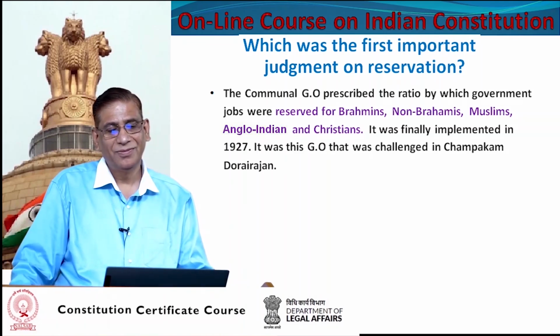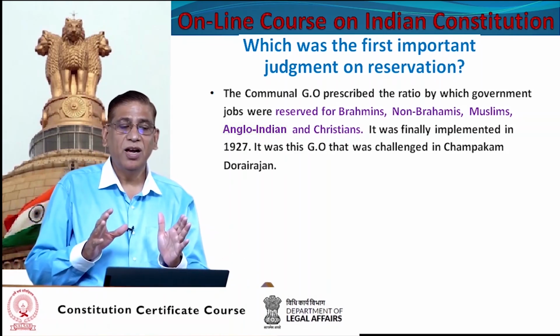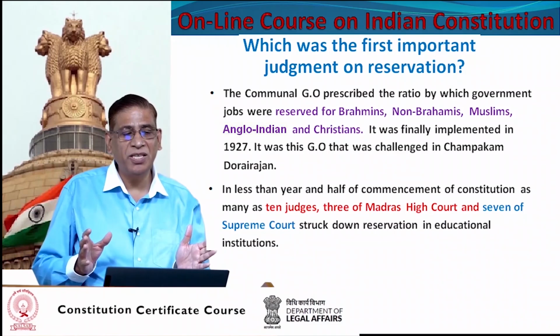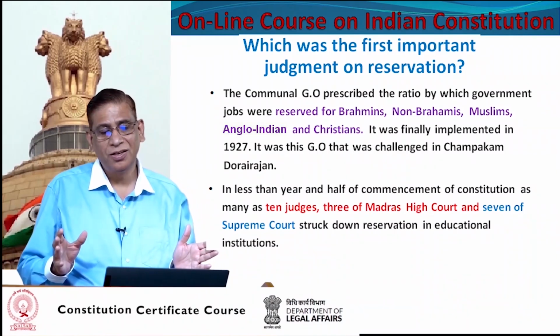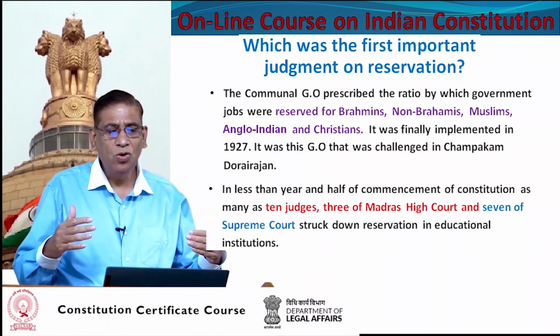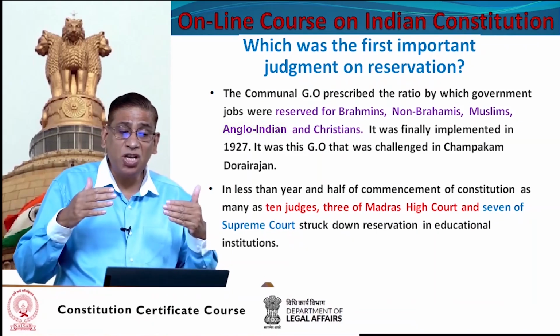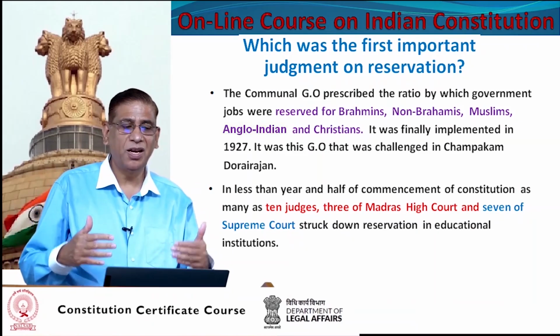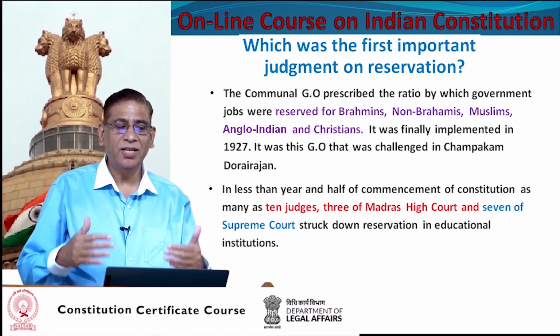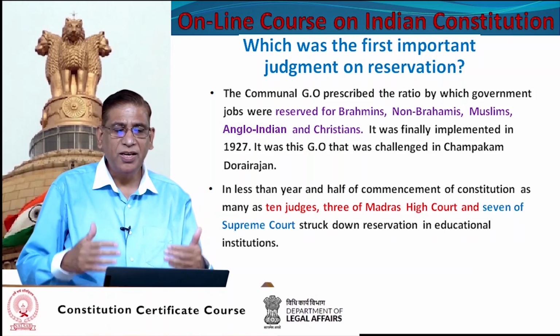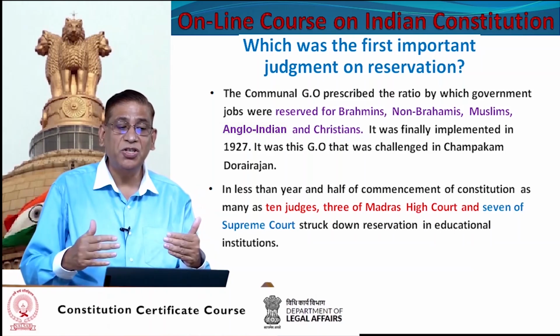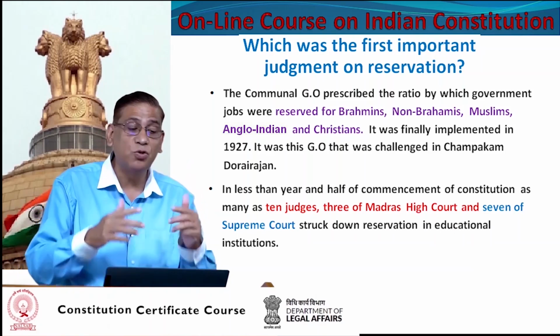Rajan. In less than a year and a half of the commencement of our constitution, not one or two, but as many as 3 judges, 3 of Madras High Court and 7 of Supreme Court, struck down reservation in educational institutions.